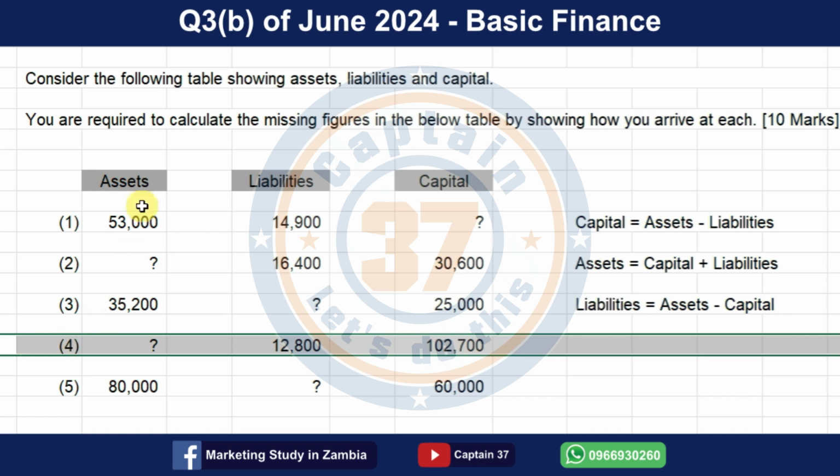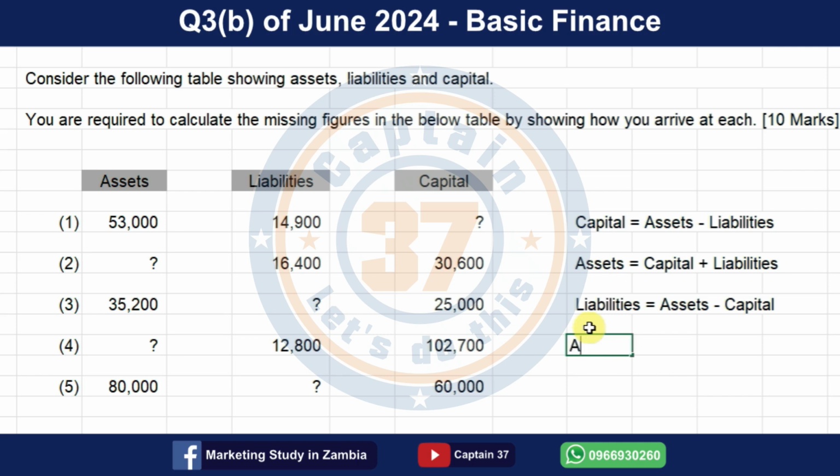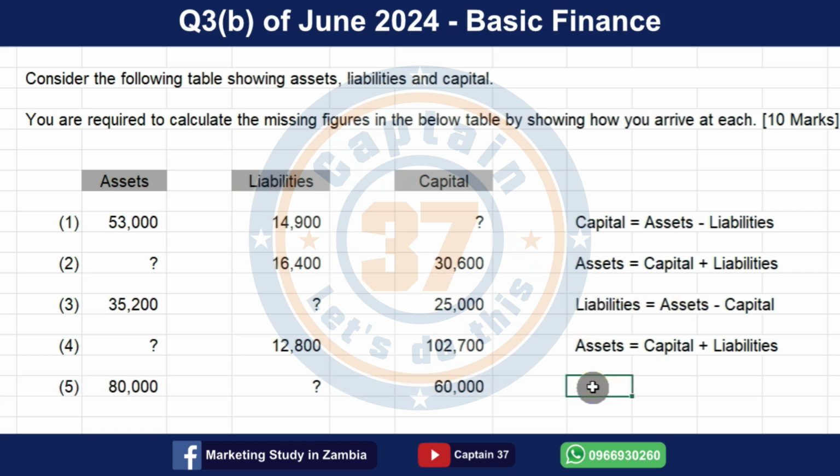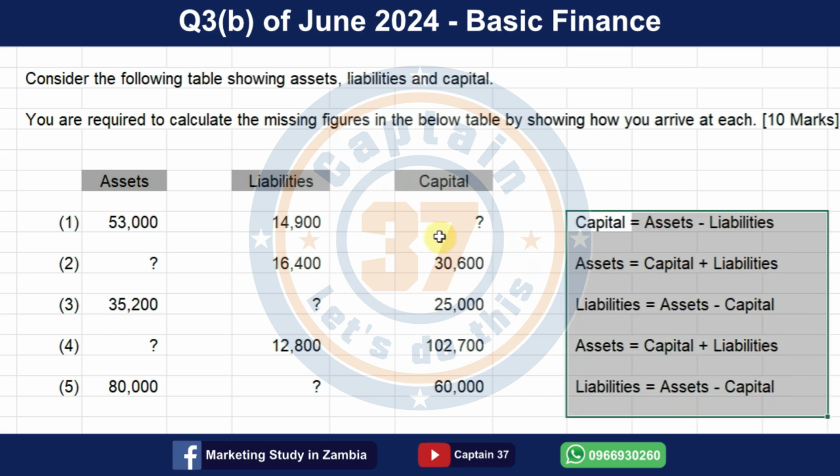For number 4, it's assets, so this one would apply: assets is equal to capital plus liabilities. For number 5, liabilities. We already have the formula for liabilities: liabilities is equal to assets minus capital. And this is the part where you're showing how you arrived at your answers.